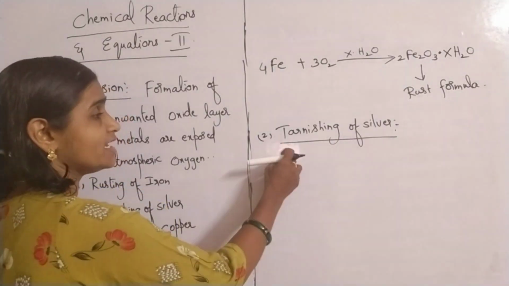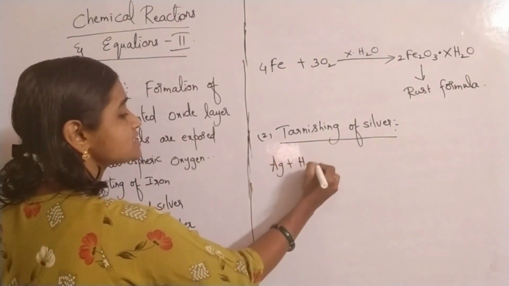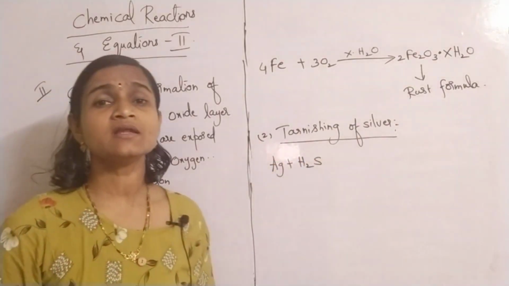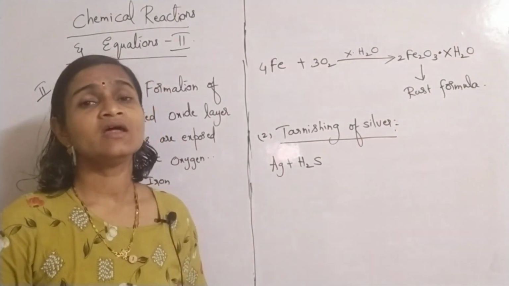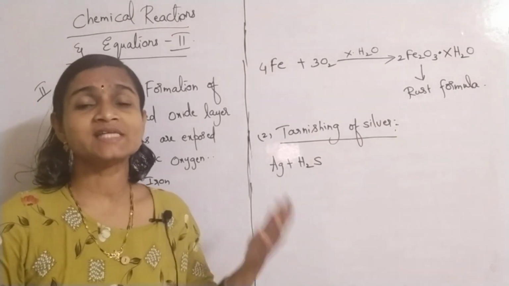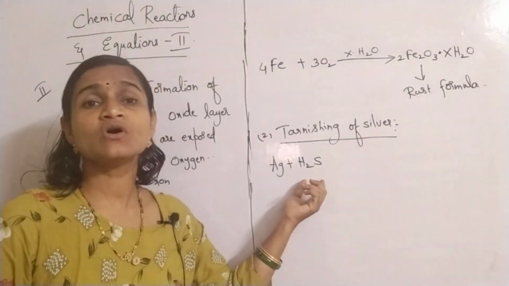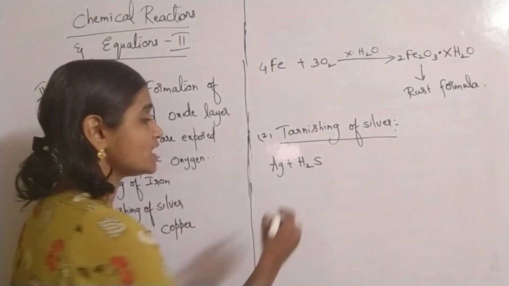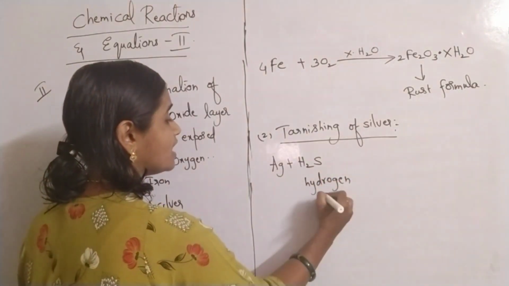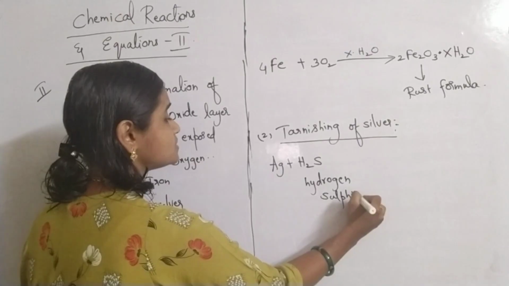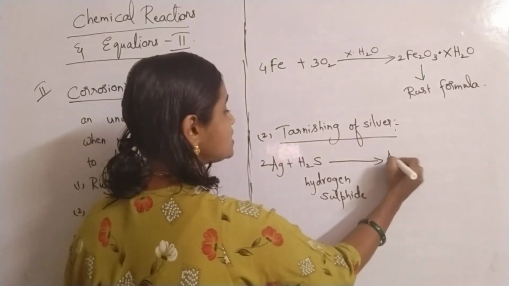Instead of saying oxide layer, here silver mainly reacts with atmospheric H2S gas. What is H2S here? Hydrogen sulfide gas. The gas which is present in drainage water or wherever stagnant water is there, you will find the formation of H2S gas. So this Ag, when it reacts with H2S, forms Ag2S.